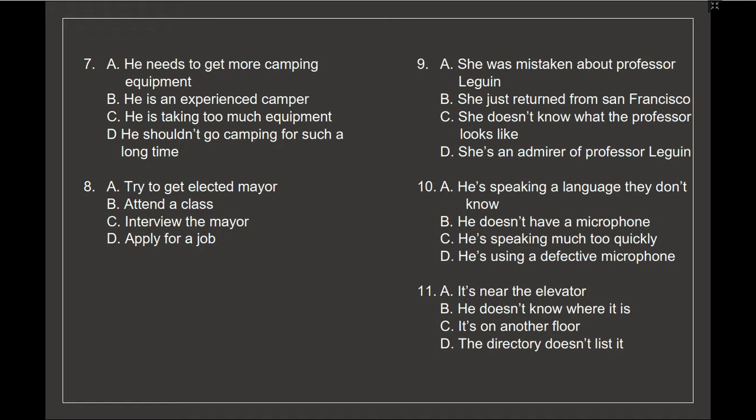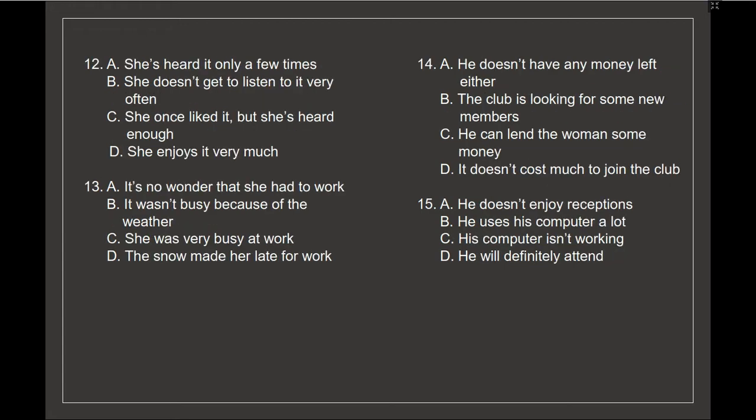"Do you know where Dr. Delaney's office is?" "There's a directory over by the elevators." What does the man imply about Dr. Delaney's office? Number 12. "Do you still like country music?" "Can't get enough of it." What does the woman say about country music?